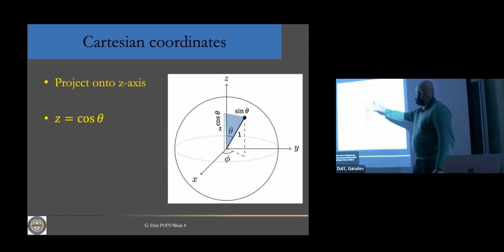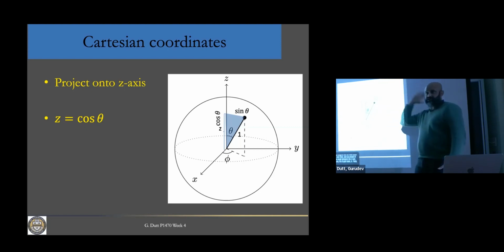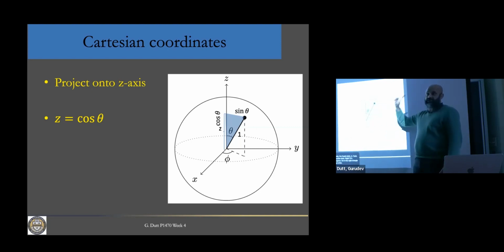So first, imagine that we have taken that point, which is over here, and we project it onto the z-axis. The angle between the z-axis and the qubit state is theta, and this is a right triangle. That's what a projection does, right? It's projecting at 90 degrees. So in this right triangle, the hypotenuse is this one, which is radius 1.